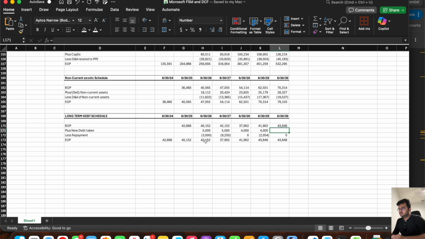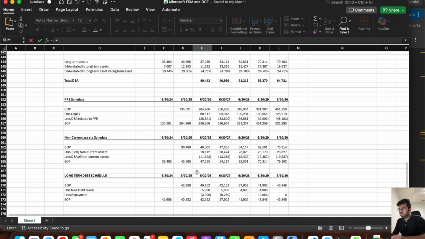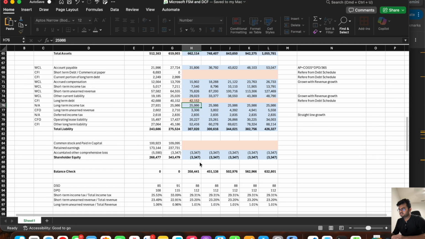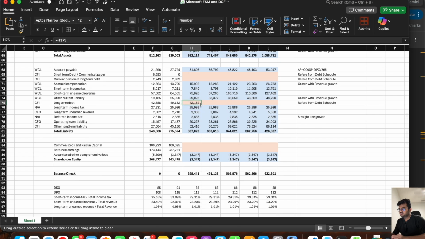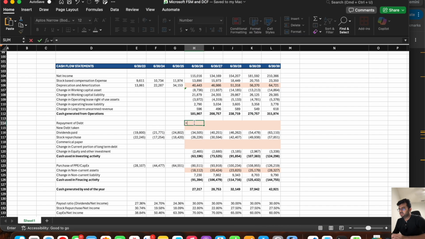So now we have the end of period long term debt. We will first link it here, that is this number, and this is done. Then we can link the repayment they are going to do.